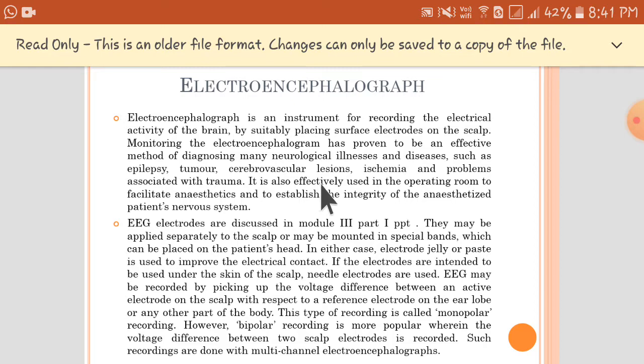It can also be effectively used in operation theaters: while operating, the anesthetized patient's nervous system condition can be observed continuously by taking the EEG signal.